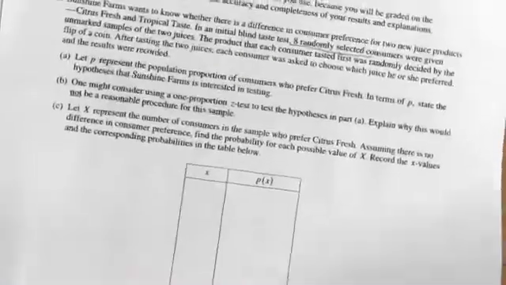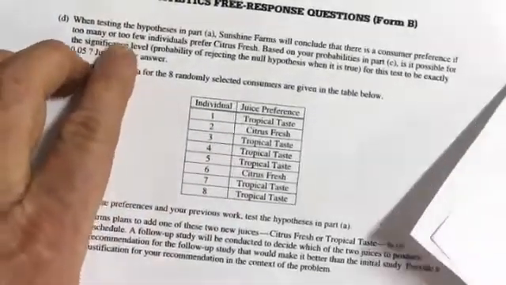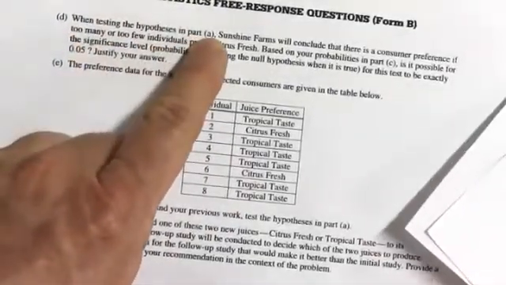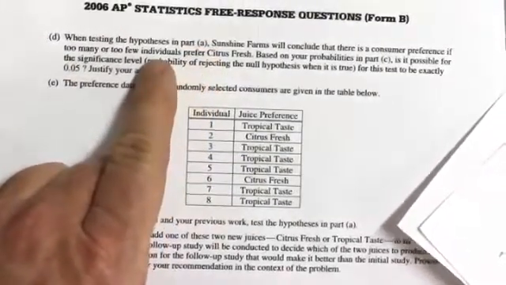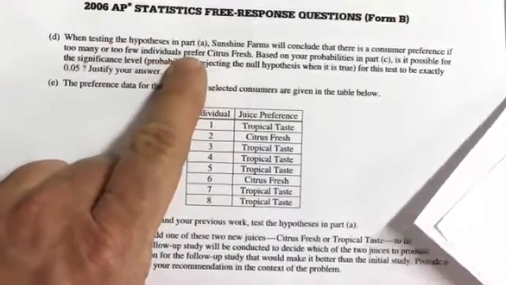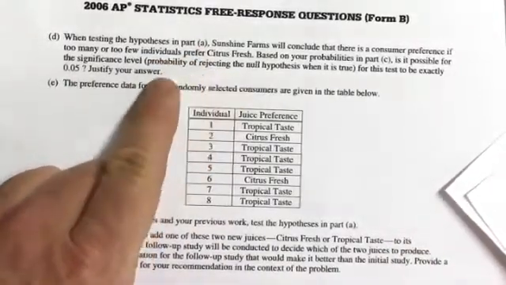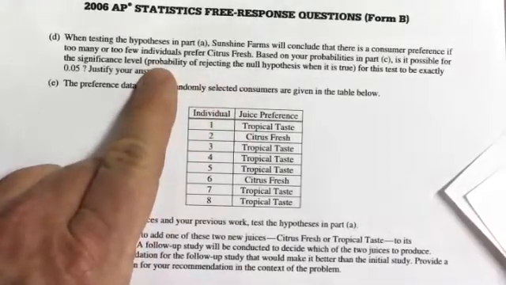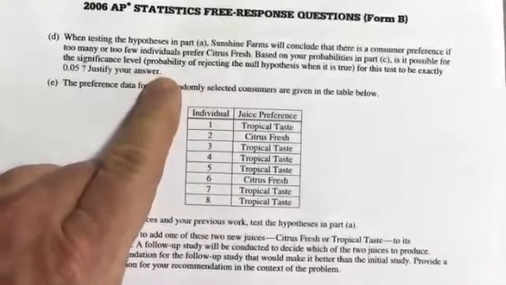Okay. So when testing the hypotheses in part A, Sunshine Farms will conclude that there is a consumer preference if too many or too few prefer citrus fresh. Based on your probabilities in C, is it possible for the significance level, the probability of rejecting the null hypothesis when it's true, for this test to be exactly 0.5?